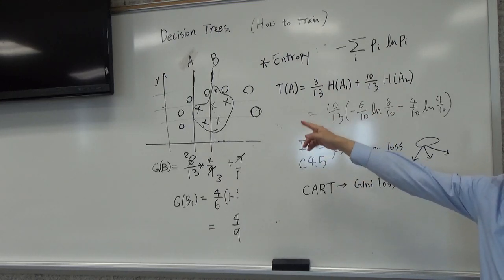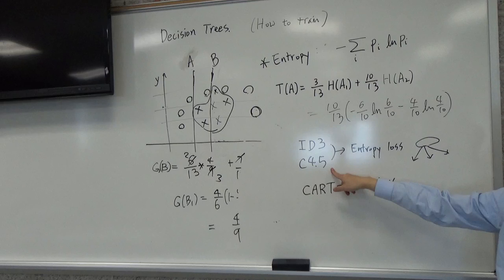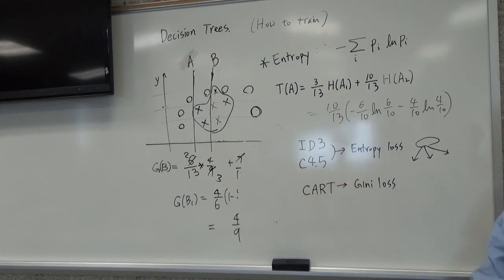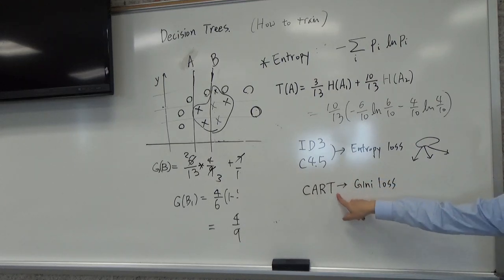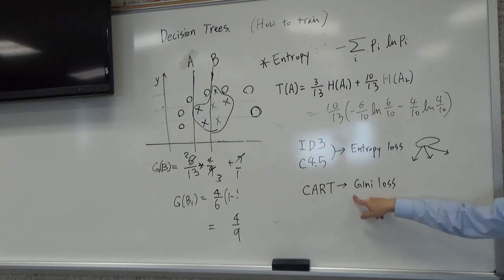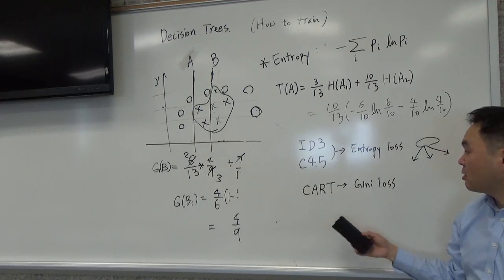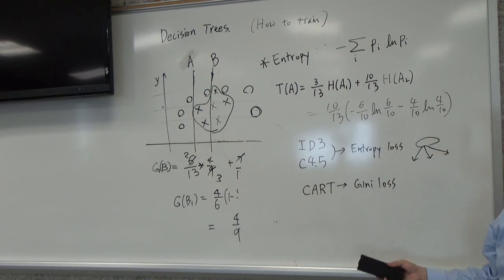C4.5 used this kind of idea to allow continuous data. And then later CART was developed using the Gini loss function rather than an entropy. But they're mostly similar. Can you use a CART with entropy loss? I don't know.